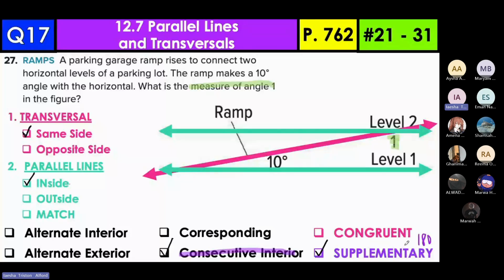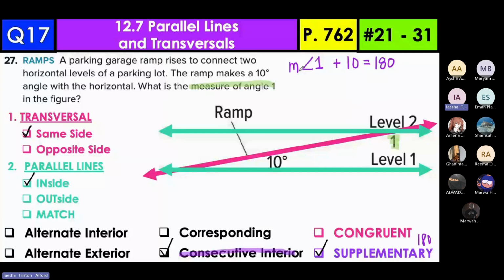This is a writing section, so you need an equation for this. What do you think you can write? Angle 1 plus 10 equal 180. Correct. So you can put angle 1 or the measure of angle 1 plus 10 equal 180.